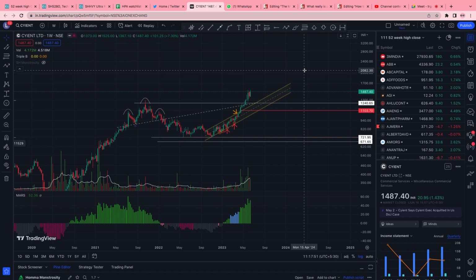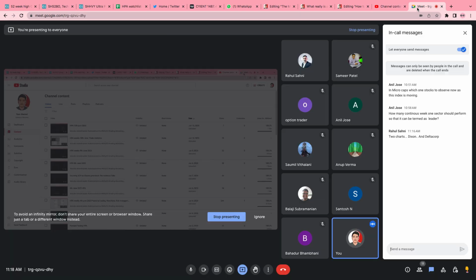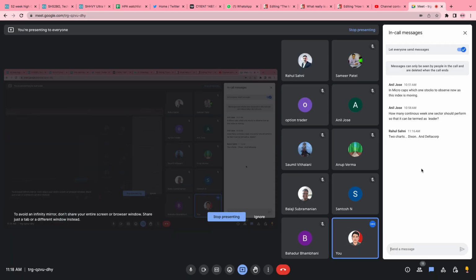Anything which has the name cable at the back is probably moving, right? Similar moves we have also seen in the recent past in any defense name, any railway name. So these are sectors with pan sector movement, and leaders will definitely come from a sector in which all the names are moving. I hope I answered your question.